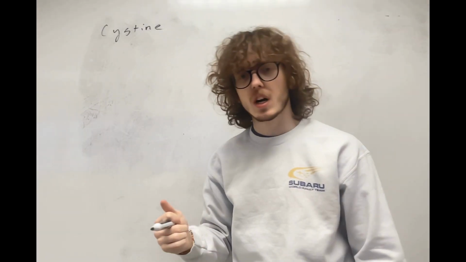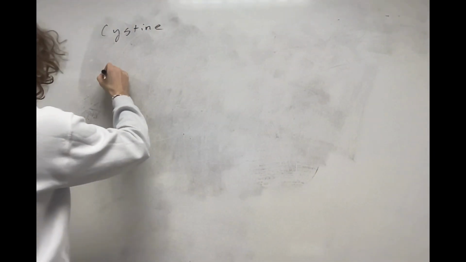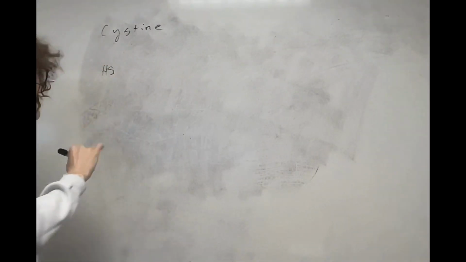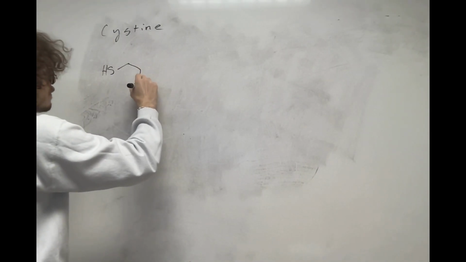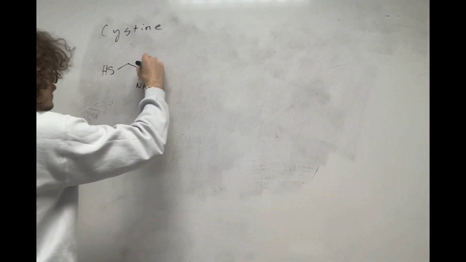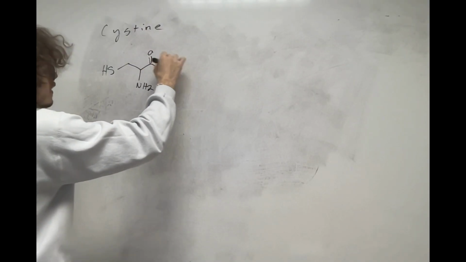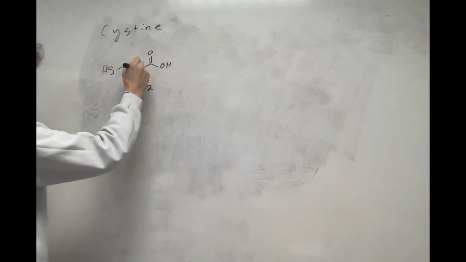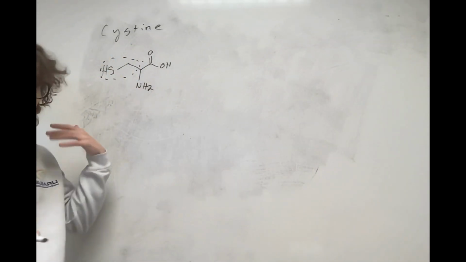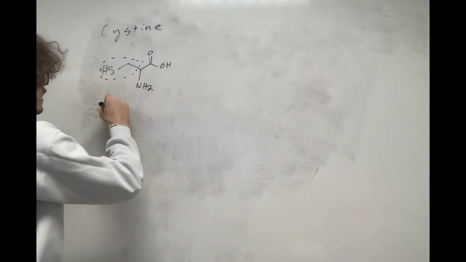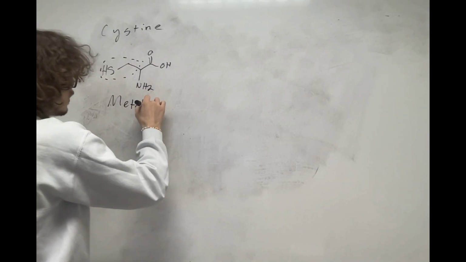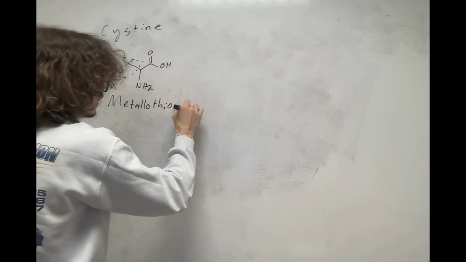Okay, so let's talk about cysteine. Now, if you remember what the cysteine amino acid residue looks like, you remember that it has a thiol. It goes one carbon out, and then it connects to the rest of the amino acids. So we just get the generic amino acid structure like that. So here's the R group. And these things that we're going to talk about for transporting metals out of the body are known as metallothioneins.